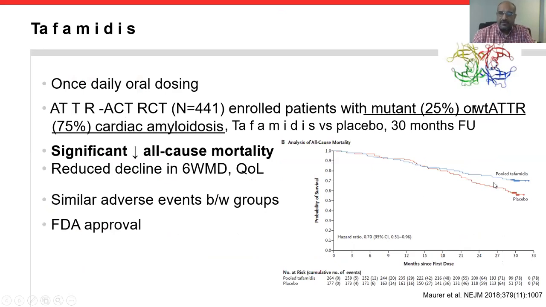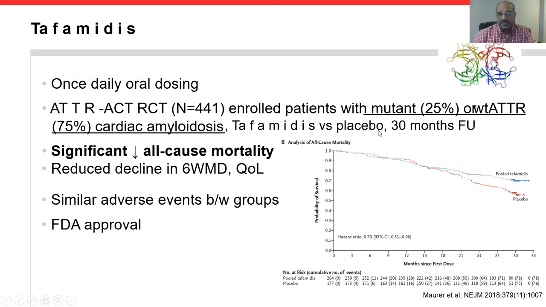And for the first time, we have a drug that might decrease all-cause mortality and improve the quality of life, decreasing the decline in the 6-minute walk test and reducing the decline in the quality of life. They enrolled a good number of patients, I think about 441, with the mutant type and the wild type ATTR cardiac amyloid.